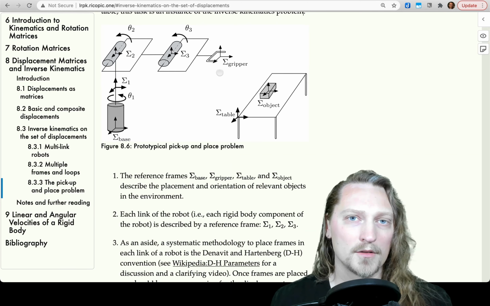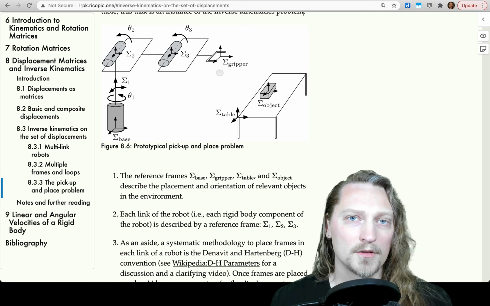Once frames are placed, we should have an expression for the displacement matrices. So H1 with respect to the base in terms of theta 1. H1 is going to be what is sigma 1 in terms of the base reference frame, and it should be a function of theta 1. It's just a rotation, right? And then a displacement of the origin.